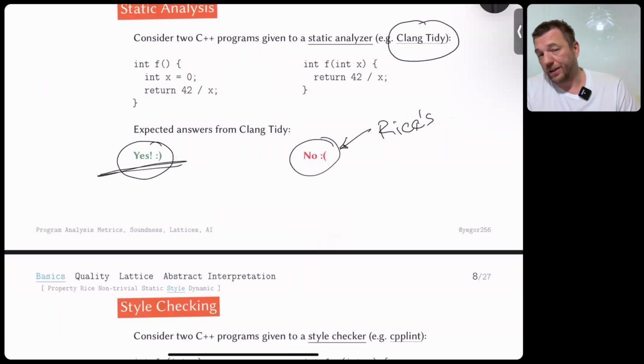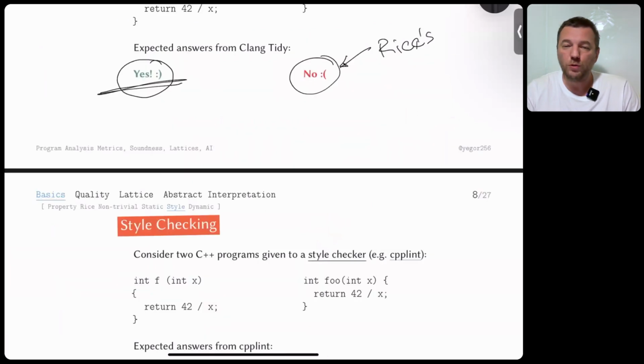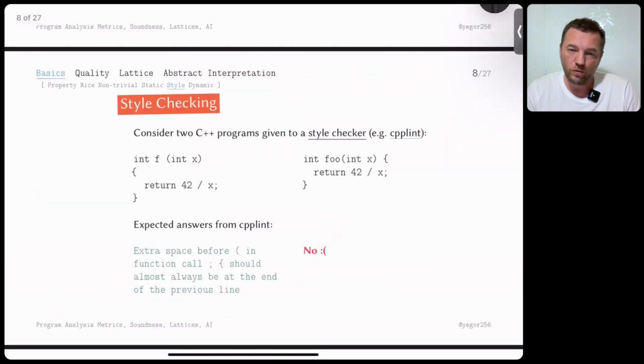There's also style checking, which people sometimes confuse with static analysis. So I decided to show you the difference so you understand and don't mix these two concepts. Static analysis is telling the programmer whether the program has a semantic property. Style checking is about syntactic property.